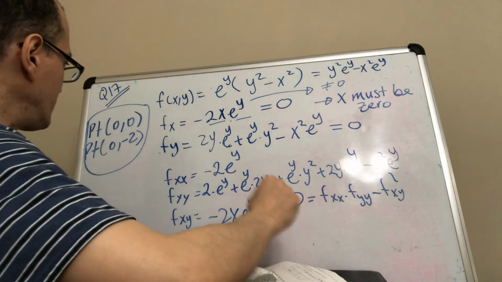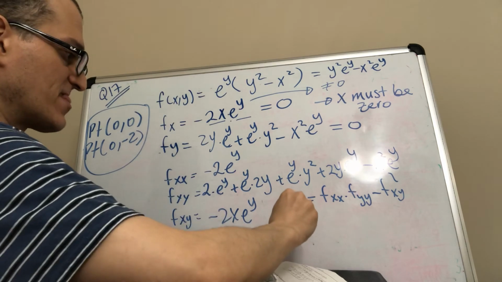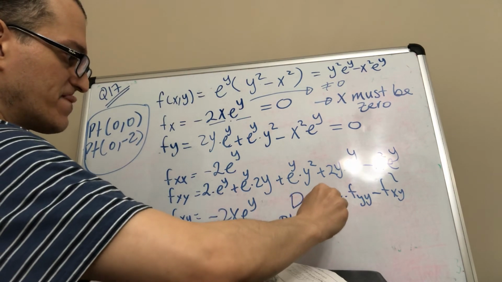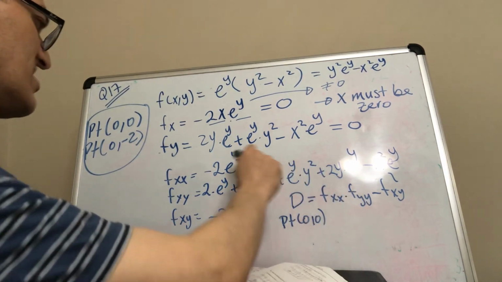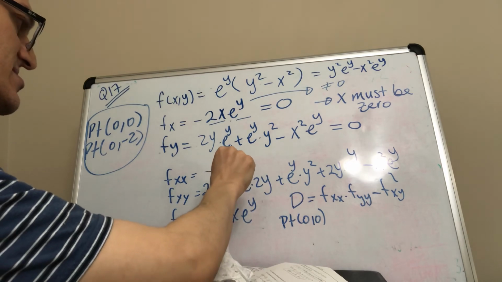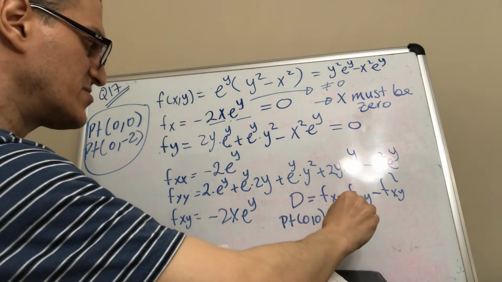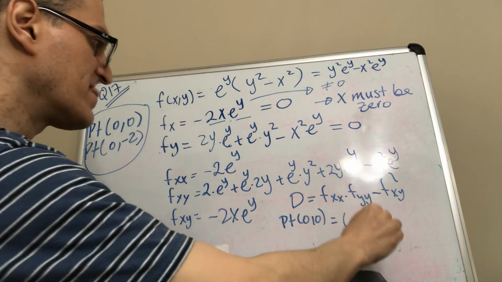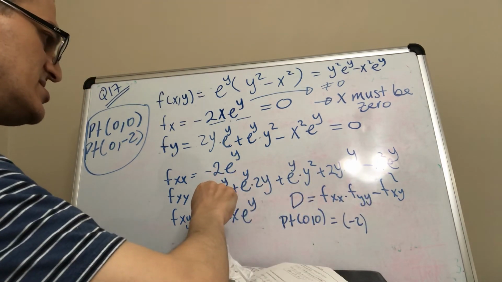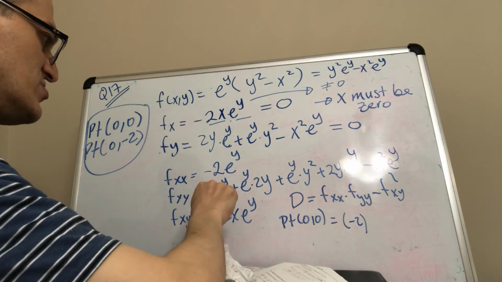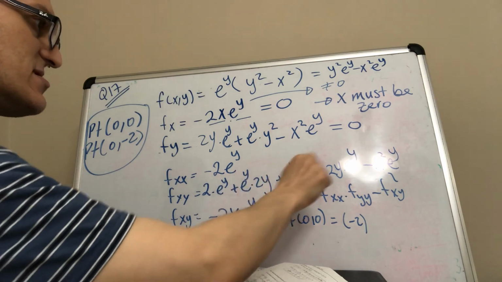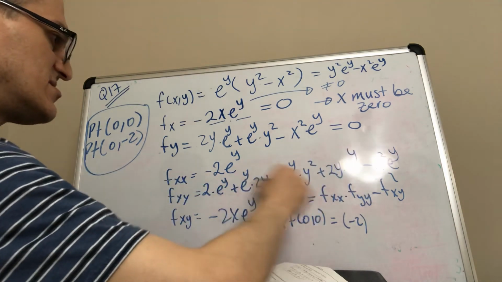So I'll try the first point, 0, 0. If I plug 0, 0 here, it would be negative 2. If I plug 0, 0 here, it would be 2, that's a 0, that's a 0, that's a 0, so it's 2.